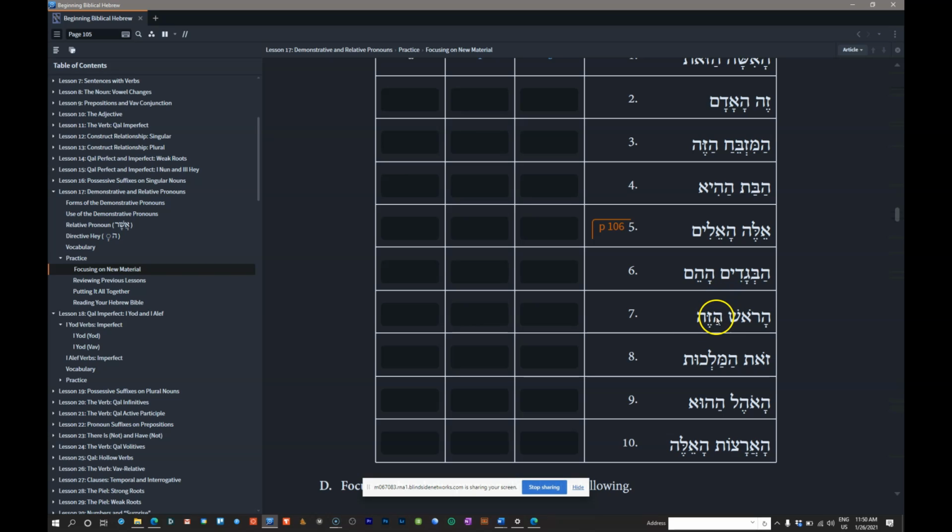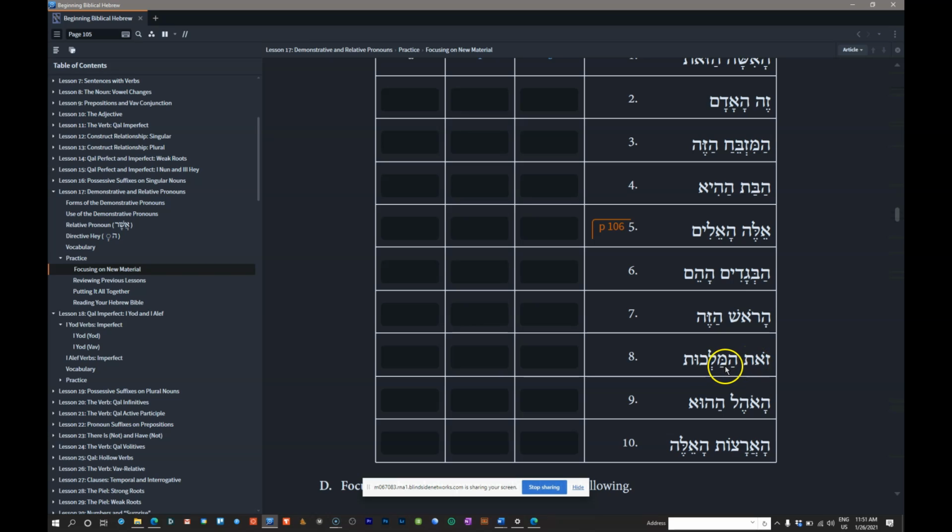Hazeh, again, attributive. Zeh is masculine singular. That's a near demonstrative. We've got zot hamalkut, the kingdom. Zot is going to always be feminine singular, and it is a near demonstrative, and since it precedes its noun and lacks the article, it's going to be predicative.